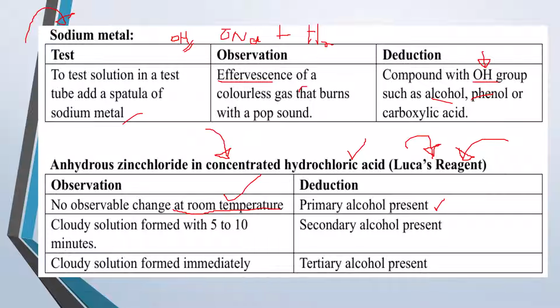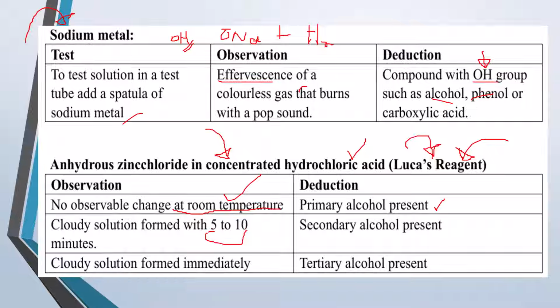And then for secondary alcohols, you're going to form a cloudy solution within 5 to 10 minutes. Now, in your practicals, we don't expect you to tell us this range. We expect you to tell us the specific period because we provide you with stop clocks. So in practicals, you simply say that a cloudy solution formed in about 7 minutes, or about 6 minutes.